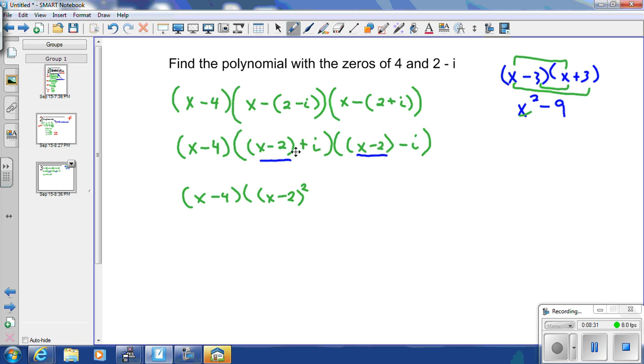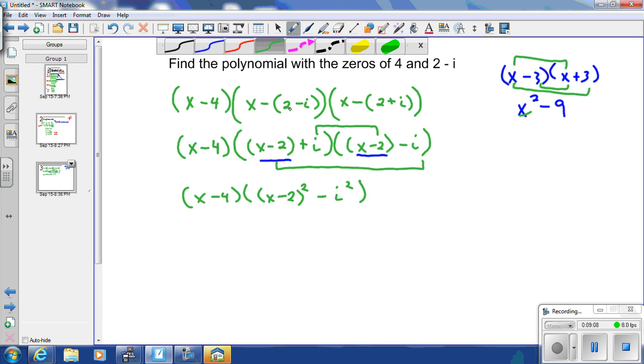Well, the same thing is going to happen when I multiply the outer terms and the inner terms. Those are going to cancel. And all I'm going to have then, just like here I had negative 3 times plus 3 to get negative 9, here I've got positive i times negative i, which is going to give me negative i squared. Now that just saved us a bunch of really ugly looking algebra that was going to make this a mess of a problem here.